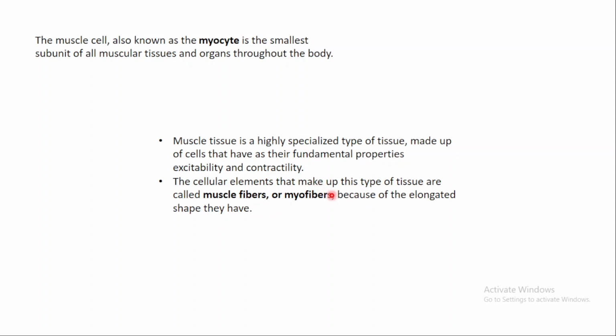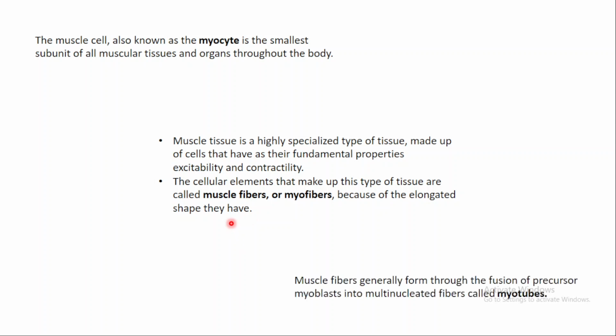The cellular elements that make up this type of tissue are called muscle fibers or myofibers because of the elongated shape they have. We just saw that myofibers are made up of myofibrils. Because they look like fibers, they are called muscle fibers.